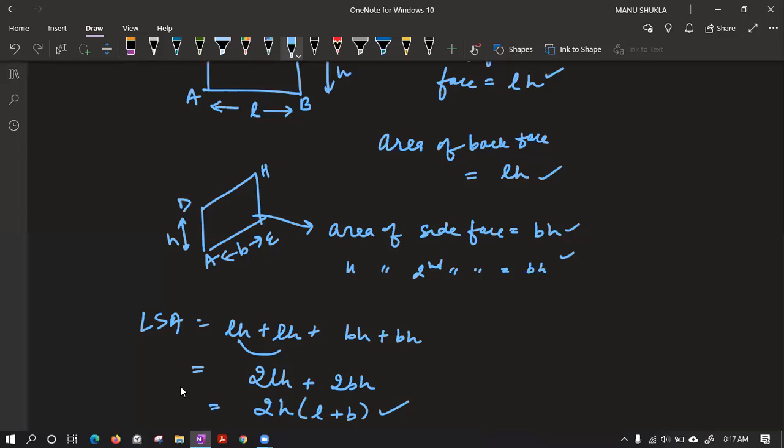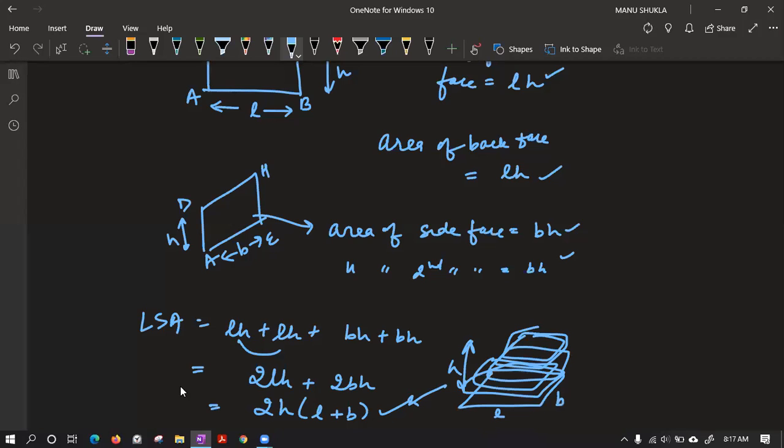So class, you must remember that this method is easier. If there is one sheet on the bottom, its area is L into B. So if there is a stack of height H, its lateral surface area will be 2H(L plus B).